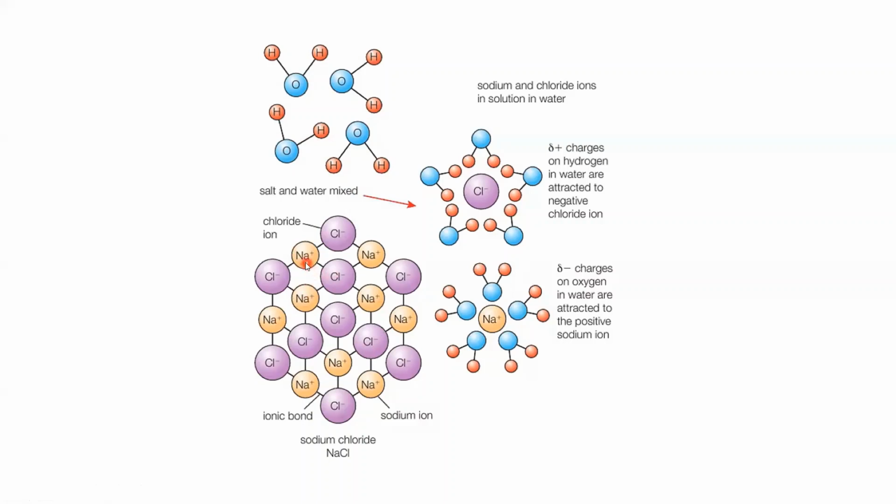As you can see here, sodium is positively charged, chloride is negatively charged, all of them. And I have here the water molecule, again, with slightly positive charge on the hydrogens and slightly negative on the oxygen.